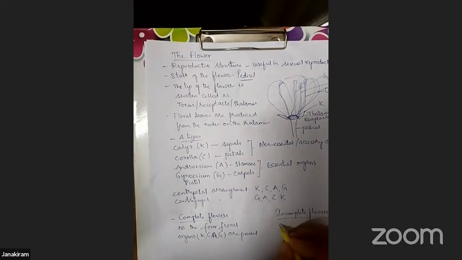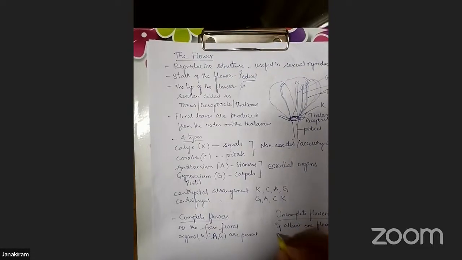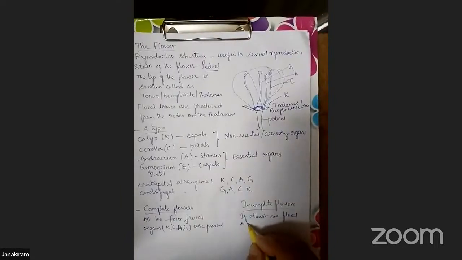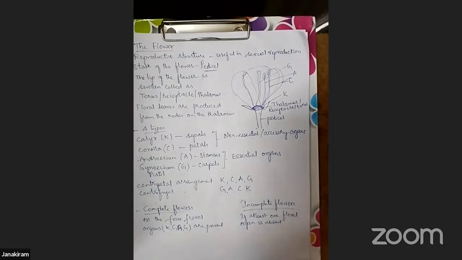And if at least one floral organ is absent, it is called an incomplete flower.